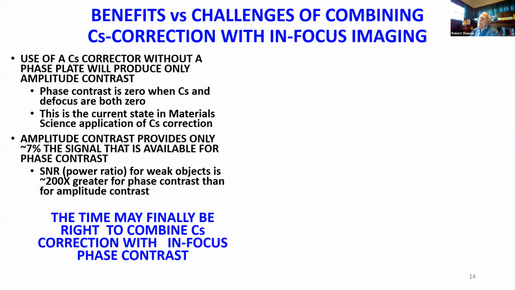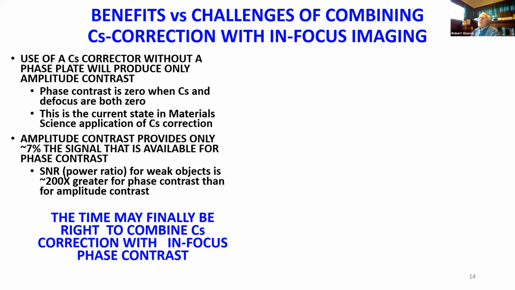So the holy grail of imaging weak phase objects would be to combine spherical aberration correction with in-focus imaging. As background, if you use spherical aberration correction without a phase plate, all you will get is amplitude contrast. Phase contrast will be 0.